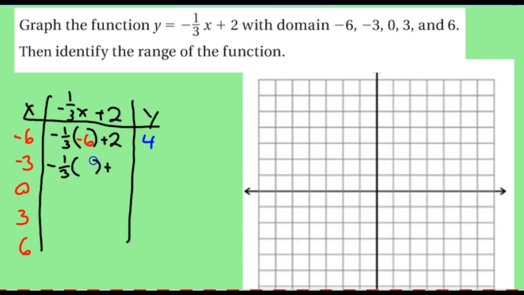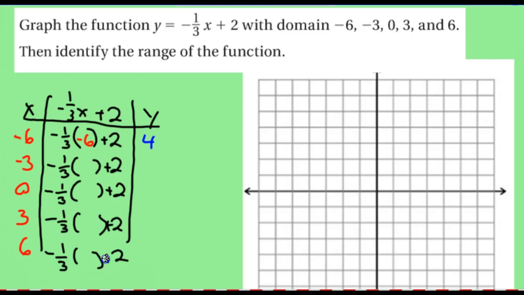I'm just going to write these all out. I'm going to go -1/3 times everything down the x. And then in our x spots, we're going to have -3, 0, 3, and 6.